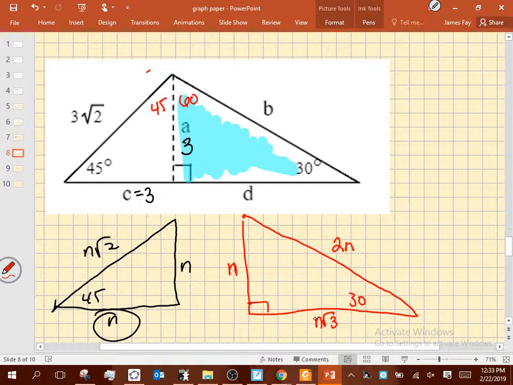Now, if I overlap that with the blue triangle, what is n? N is 3. So what is 2n? 6. And does that overlap here with B? And then what would D end up being? 3 radical 3. Does that make sense to everybody?